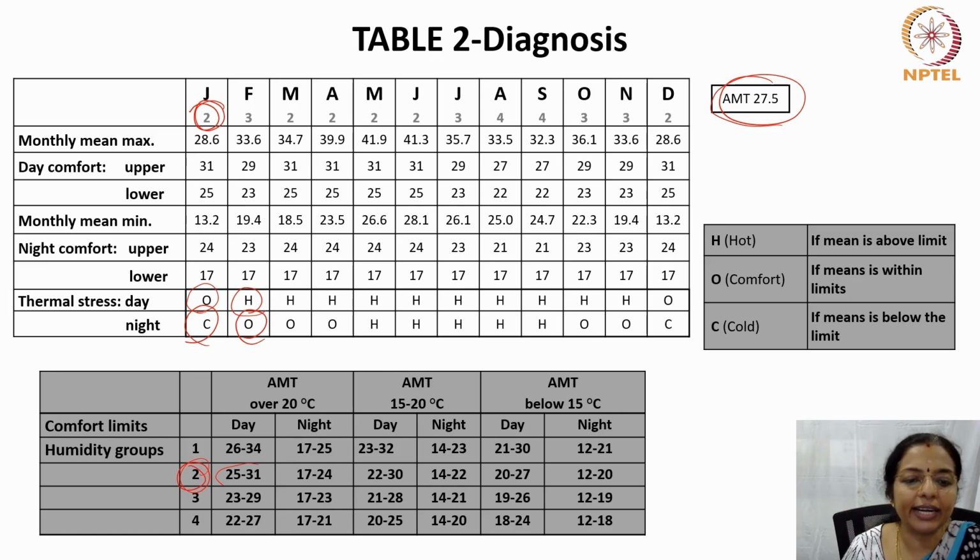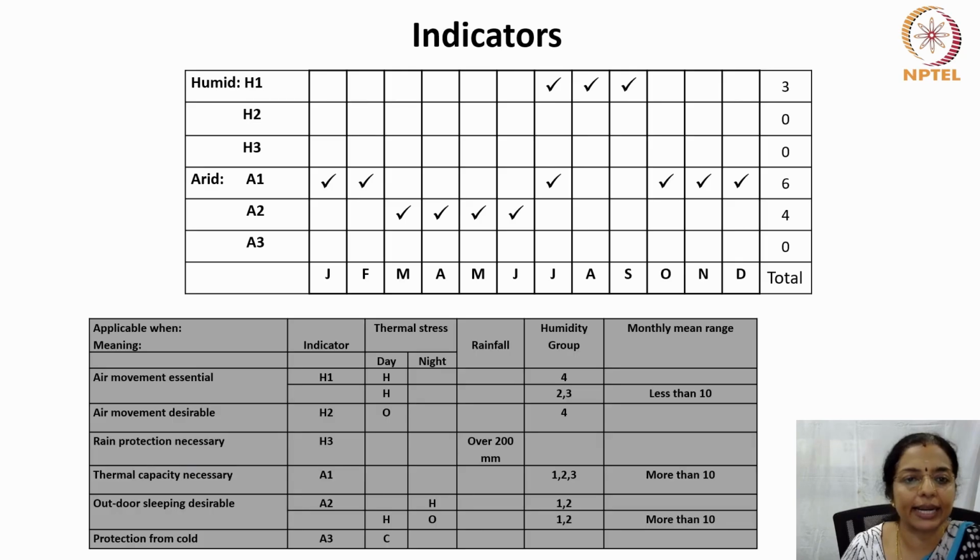This is what I will enter because my AMT here for Vadodara is 27.5. So I will enter this range 25 to 31 and this range 17 to 24 here. And I will do the further calculations as I had shown in the previous. Then based on this, I am doing the indicators also.